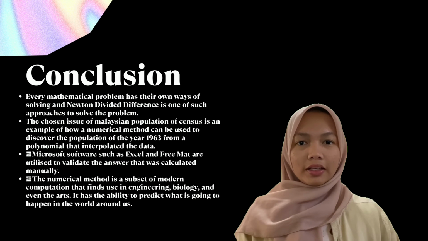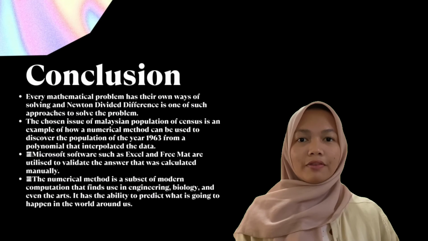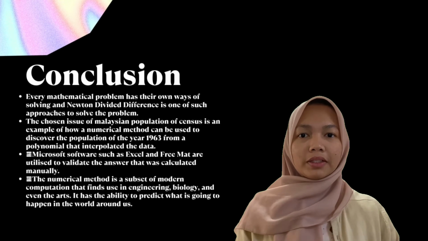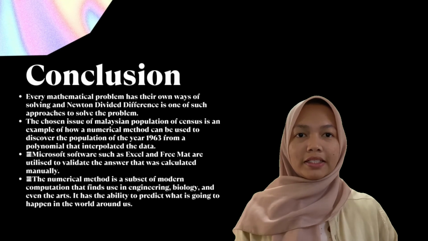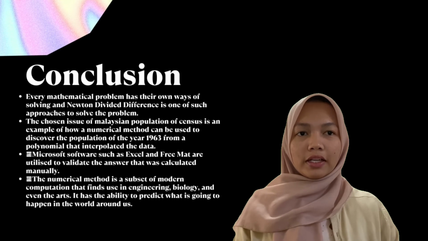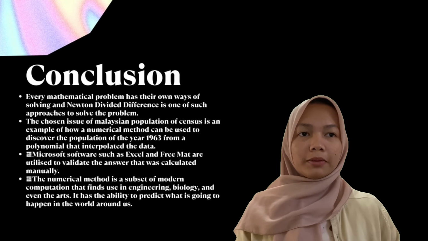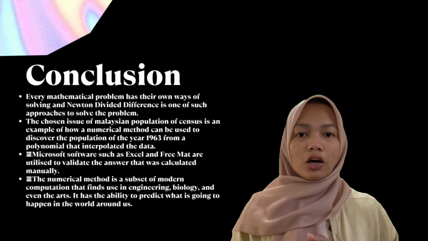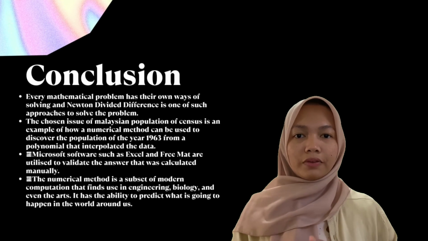In conclusion, at the end of this assignment, every group member is able to obtain more knowledge about how practical numerical method is in every way of daily life. Every mathematical problem has its own way of solving, and Newton divided difference is one such approach to solve the problem.